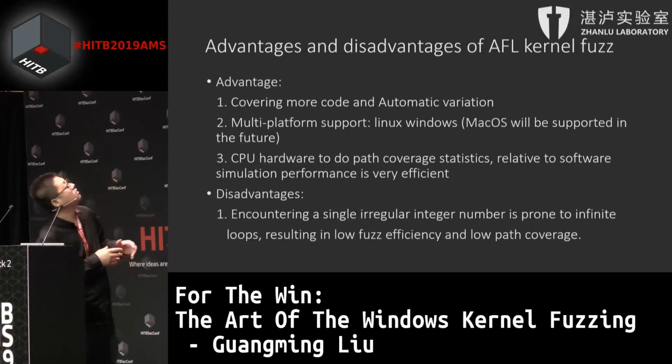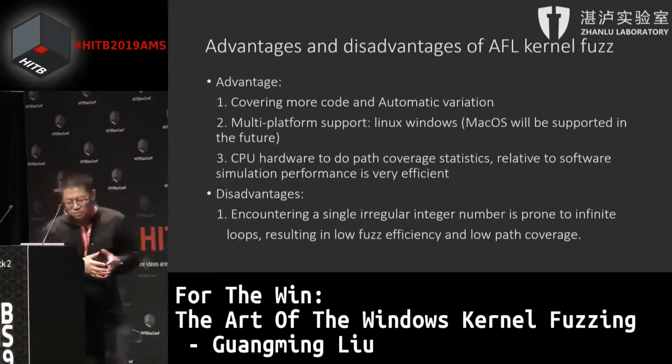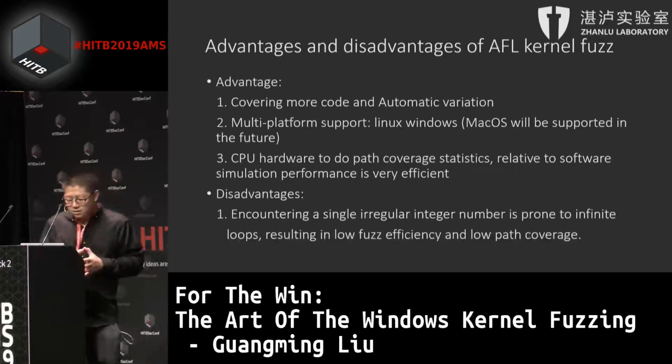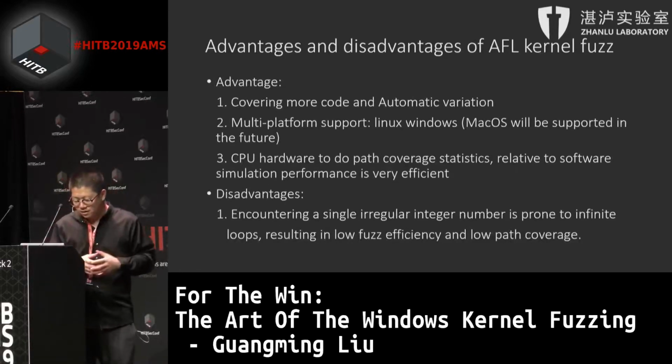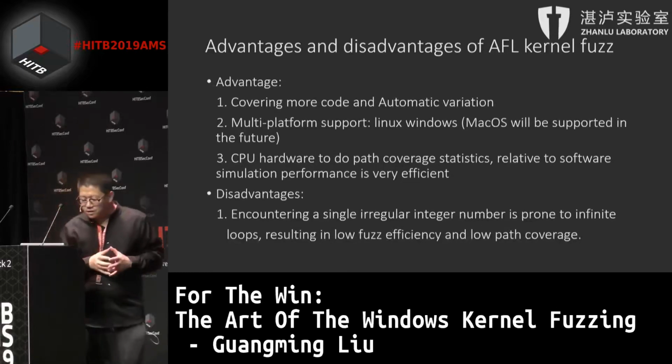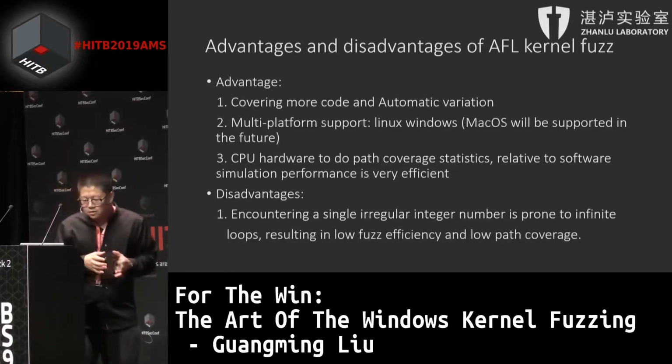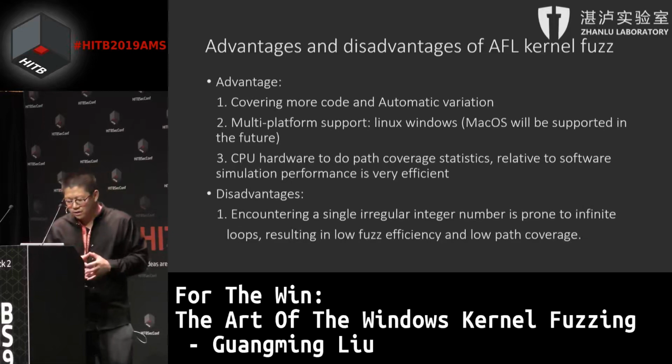The third advantage is the CPU hardware is very efficient. The disadvantage is that encountering a single irregular integer number is proved to cause an infinite loop, resulting in low fuzz efficiency and low path coverage.